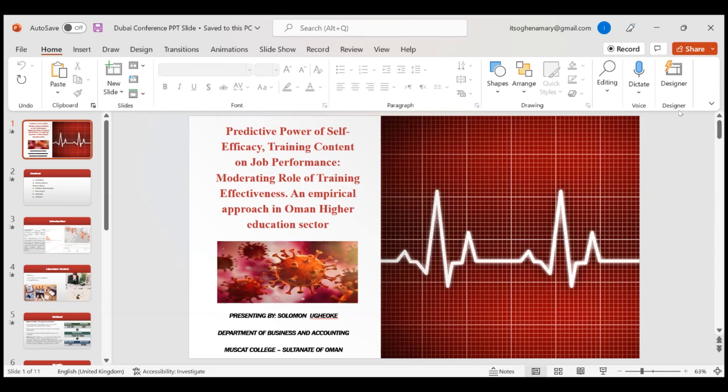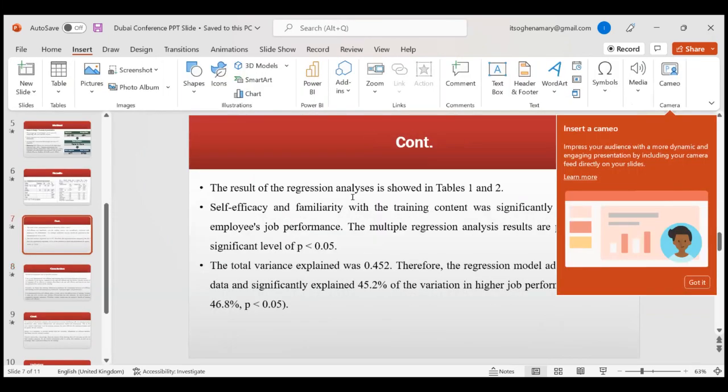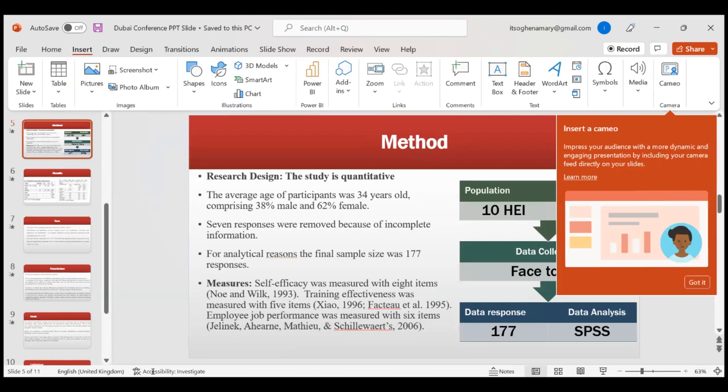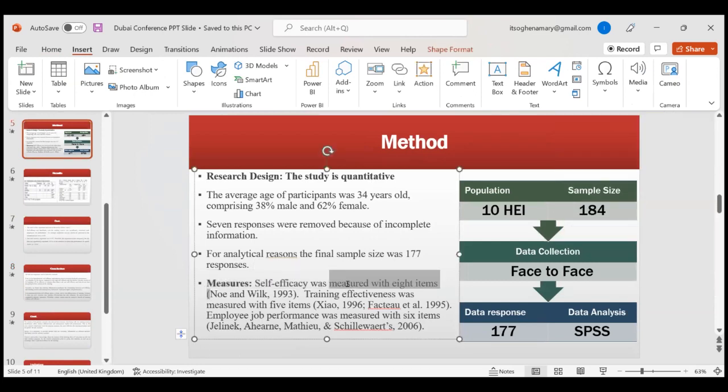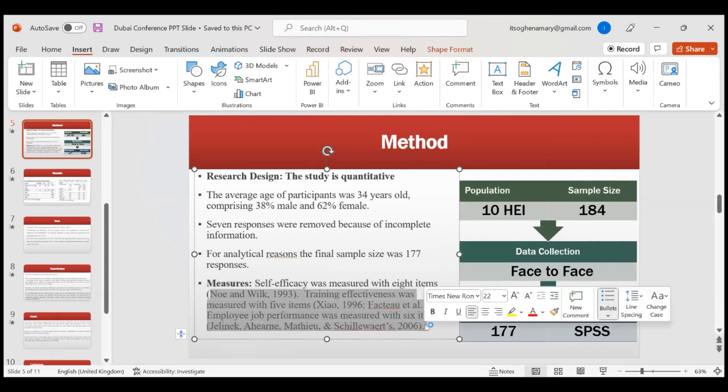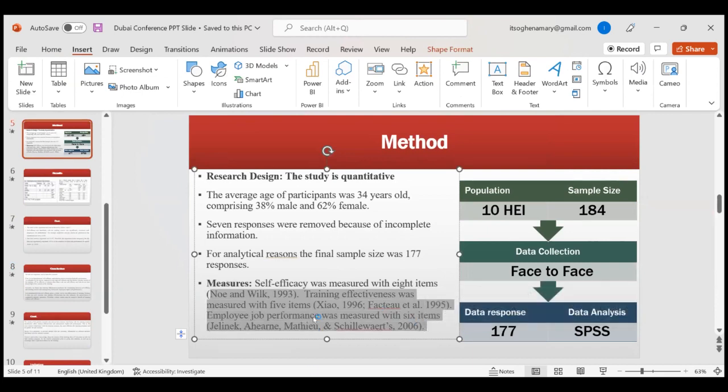We use a questionnaire. As I said earlier, we adopted our questionnaire from these articles. These are the measures, where we adopted our questions from.